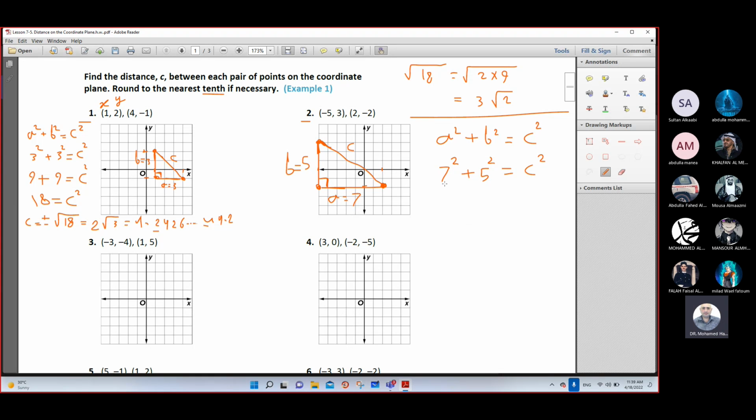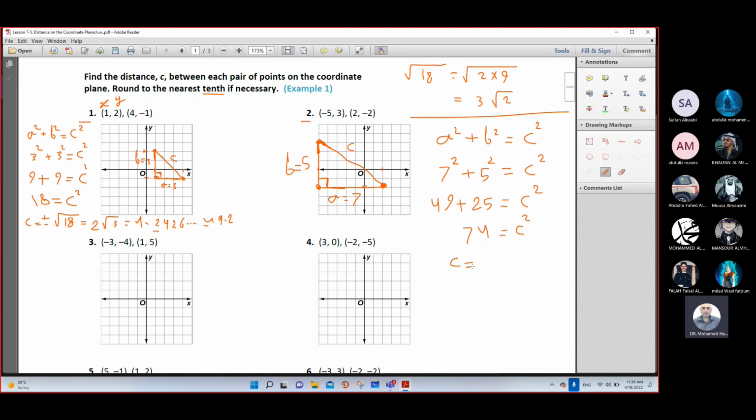So 7 squared will be 49 plus 5 squared will be 5 times 5, 25, equals C squared. So we can add: 74 equals C squared.